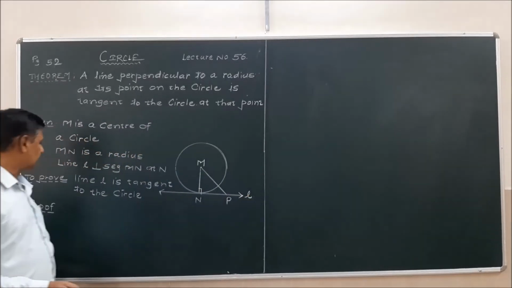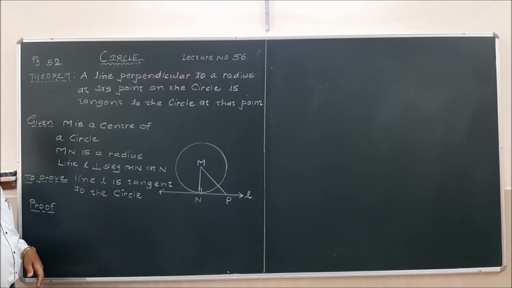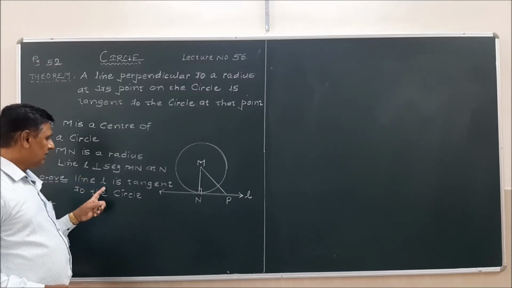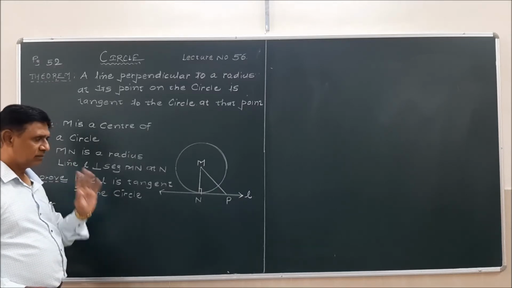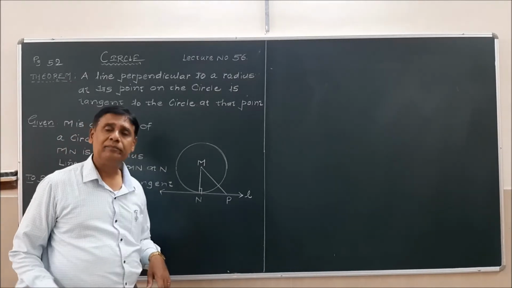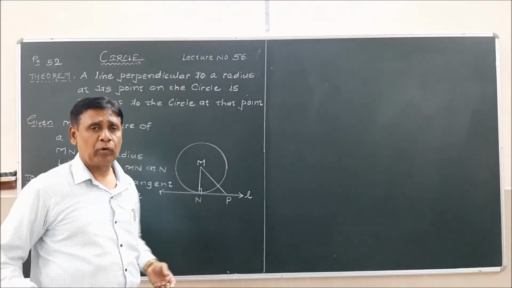Now what is given here, students? What we have to do, right from the start: line L is tangent to the circle. But at what point? N. Why at point N?